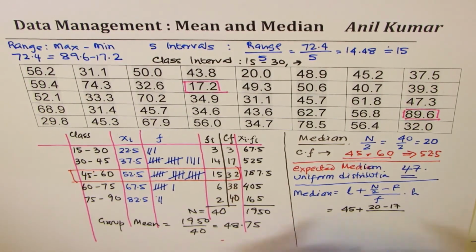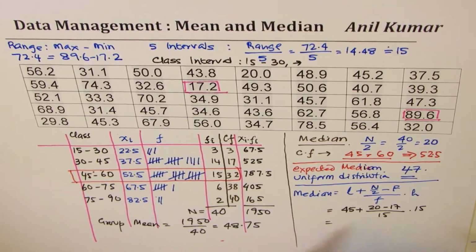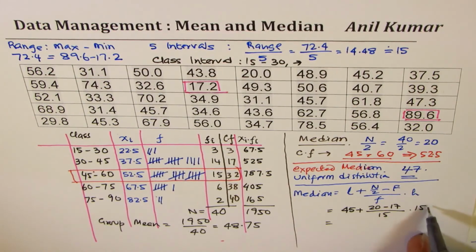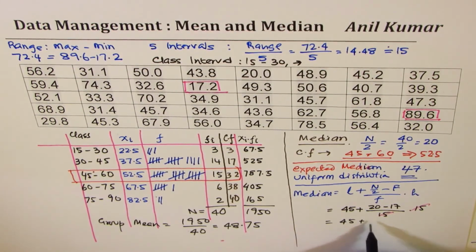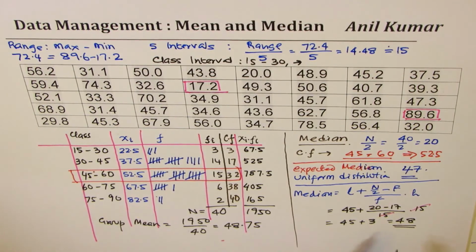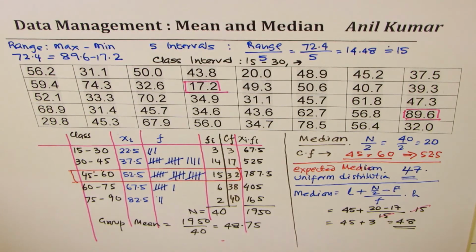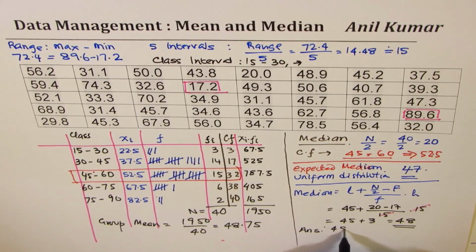Let's divide by 15 elements here times 15. Okay, so that is simple. 15 and 15 gets cancelled. I don't have to use calculator here. So we have 45 plus 3, which is 48. Makes sense. So if you calculate, it is 48, right? So the median is indeed 48. Correct? So that is my answer. So we say answer is 48.